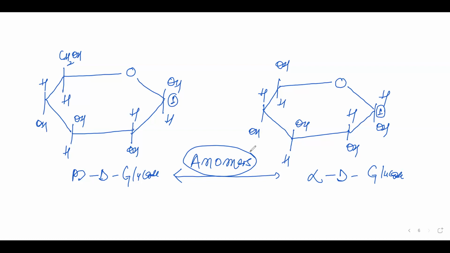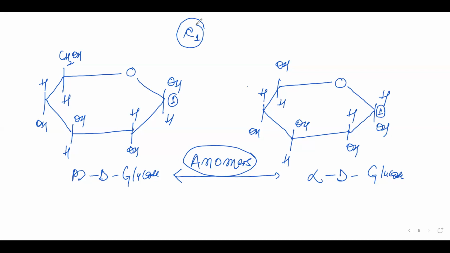Anomers are the stereoisomers which differ in their configuration around carbon 1. तो आप देखोगे आपके जो अल्फा ग्लूकोज है और बीटा ग्लूकोज है, they are just differing in configuration around carbon 1. They are called as anomers. Anomers are the stereoisomers which differ in configuration around carbon 1. क्लियर हुआ ये?